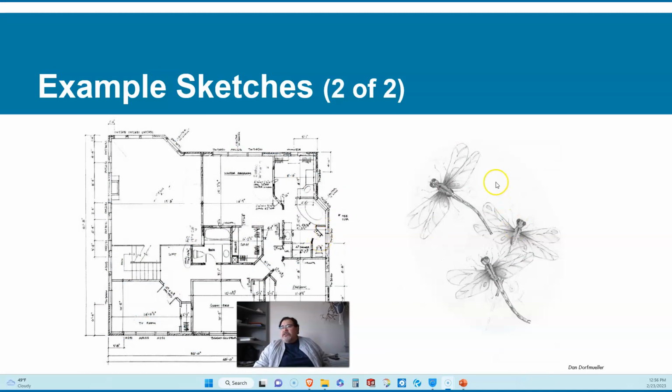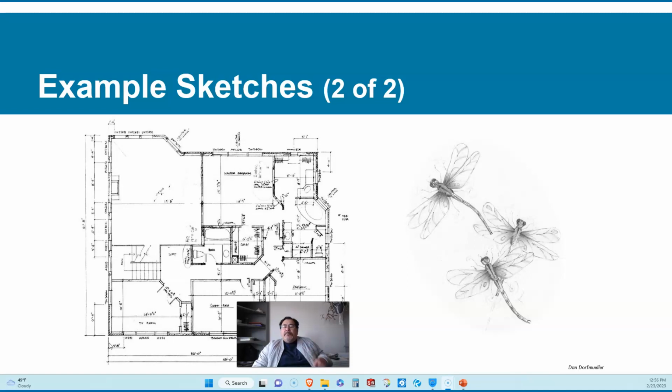These are also some sketches, right? These look very artistic, hand-drawn sketches with shading and such. But then again, so is this plan, done with a ruler and pencil.